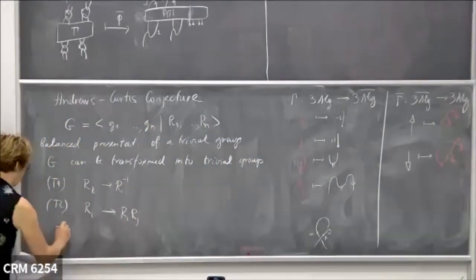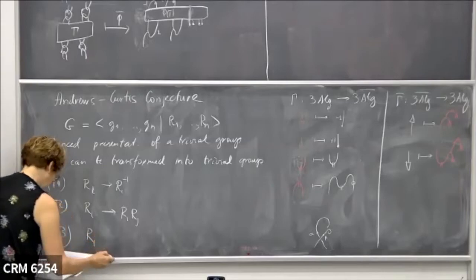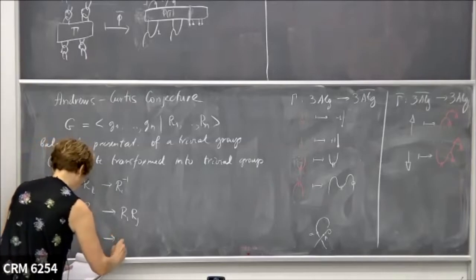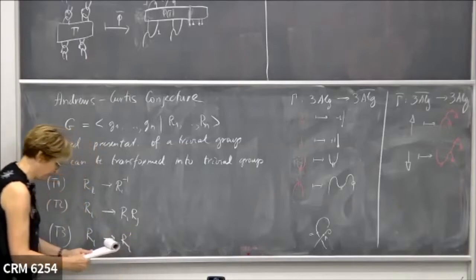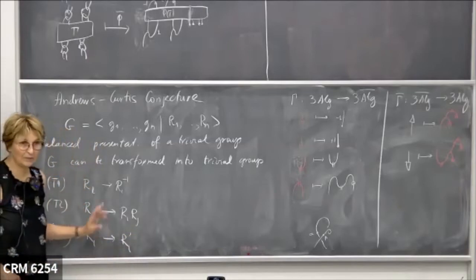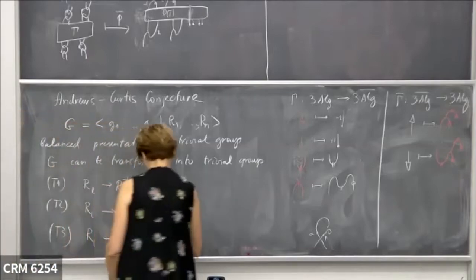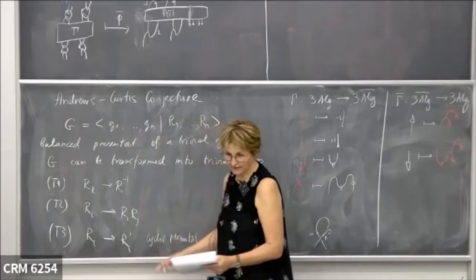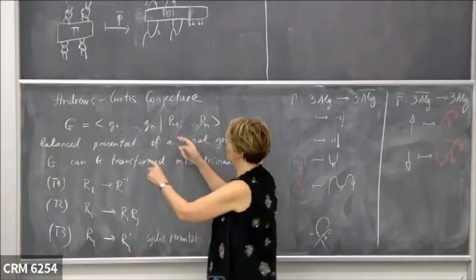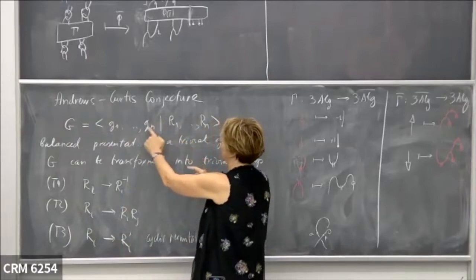And the last one, I take a relation and do a cyclic permutation of the words in this relation. The difference here is that I cannot cancel, for example, if I have G and G, the same generator.